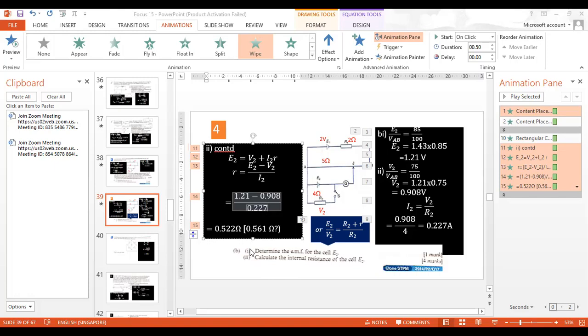I got the wrong answer. Let me just check the calculation. 1.21 minus 0.908 equals, divided by 0.227.